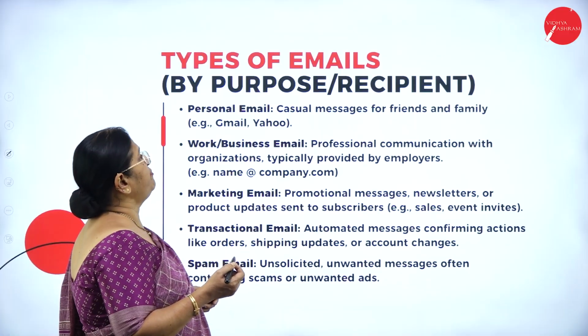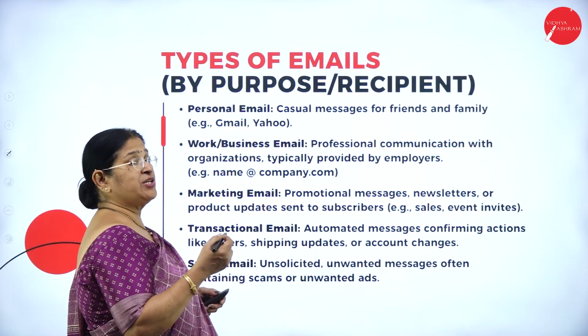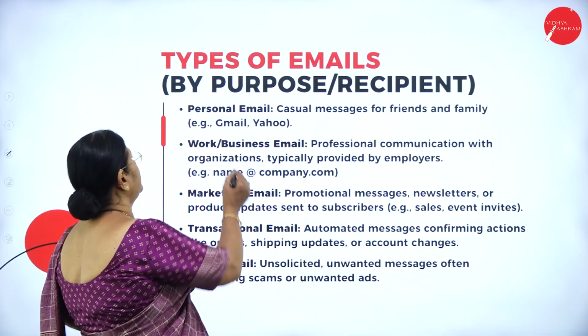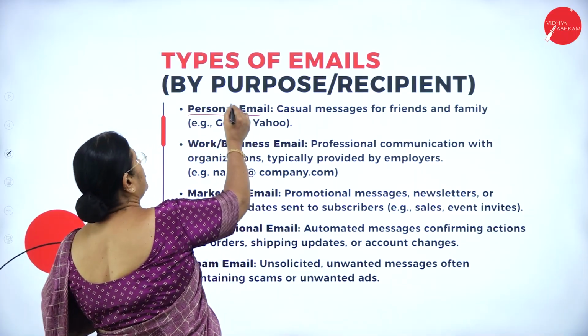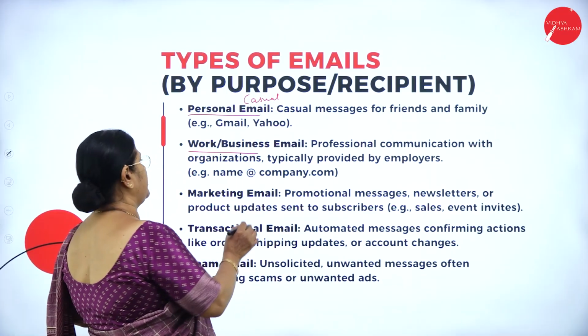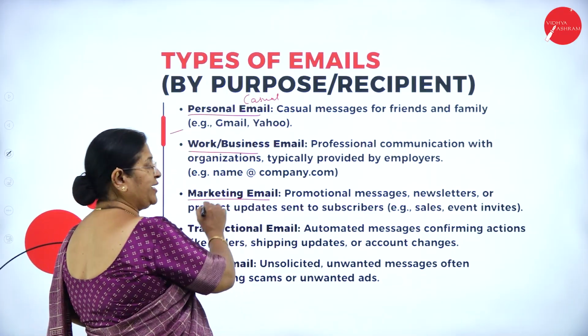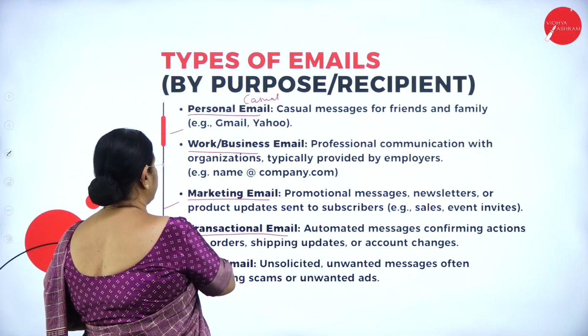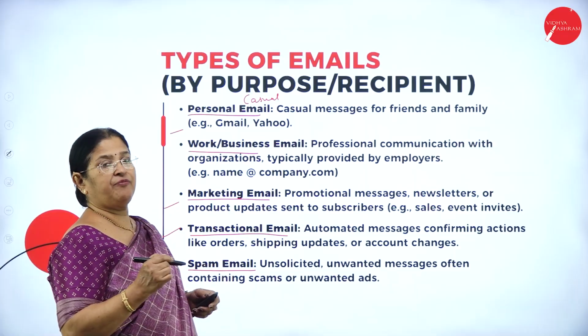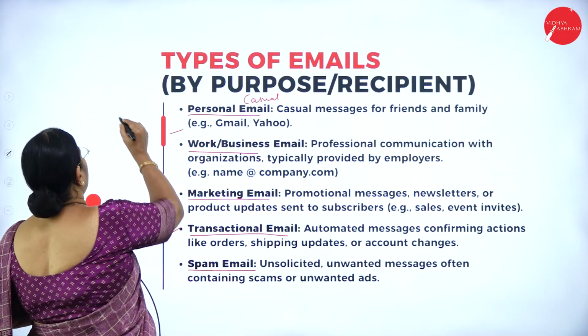Types of emails are categorized based on the purpose or recipient. That is, personal email, which is also called the casual email, work or business email, then the marketing email, the transactional email and the spam email. So very important according to your syllabus are the two.